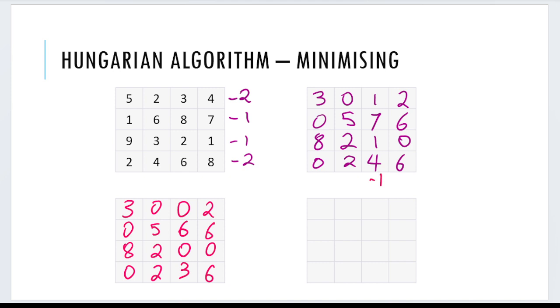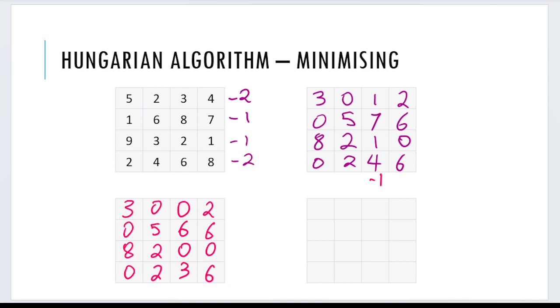Now, the thing that we need to do here is to try and cover up our zeros with the minimum amount of lines possible. We need to do that to determine whether or not we can come up with a solution from this point in. When we're covering up our zeros with these lines, we want to cover as many zeros as possible at once because we're looking for the minimum amount of lines that can cover these zeros.